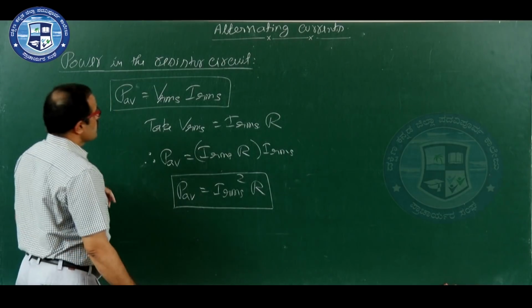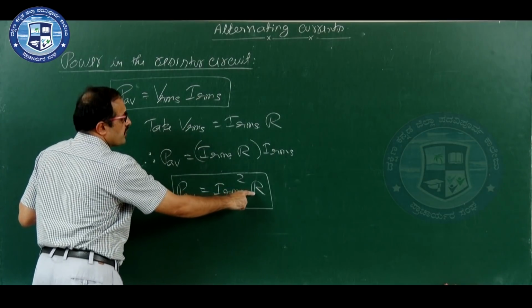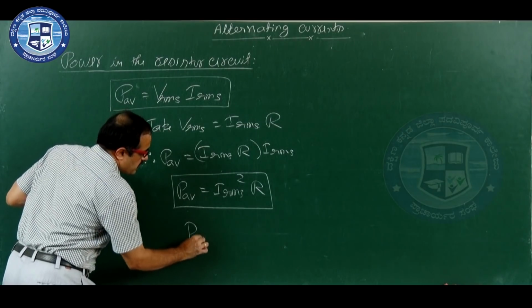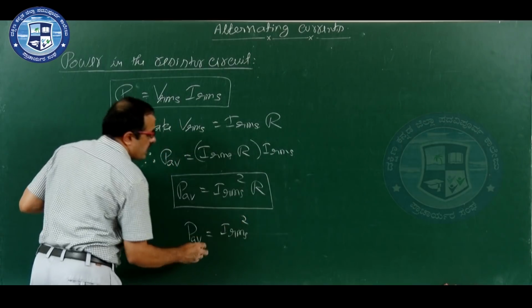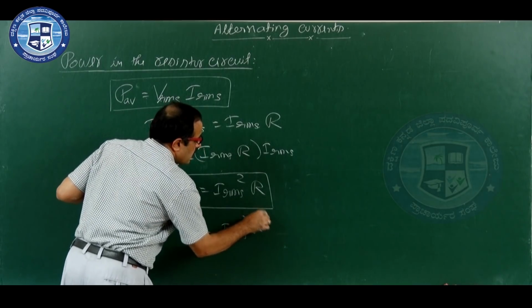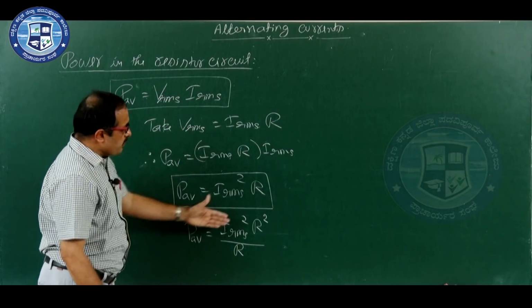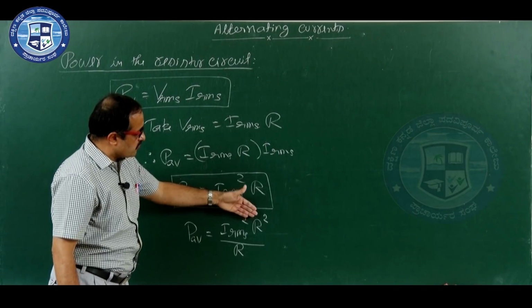What is that? See here. Here you do one thing, you multiply and divide by R for this equation. So, P average is equal to IRMS square into R square divided by R. I am multiplying by R and dividing by R. But what is this IRMS square into R square?